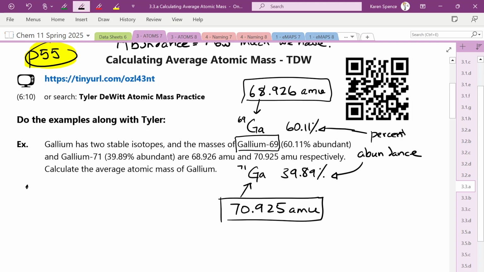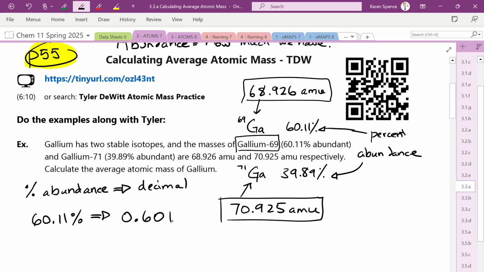You take your percent abundance and you turn it into a decimal. Do you guys all know how to do that? So 60.11%, what would that become? It would become 0.6011.